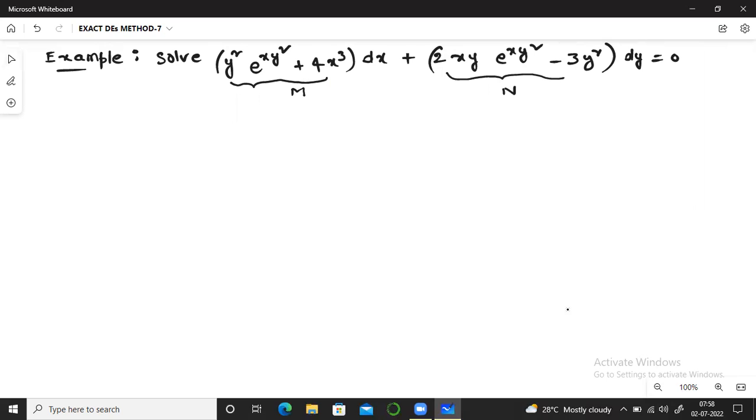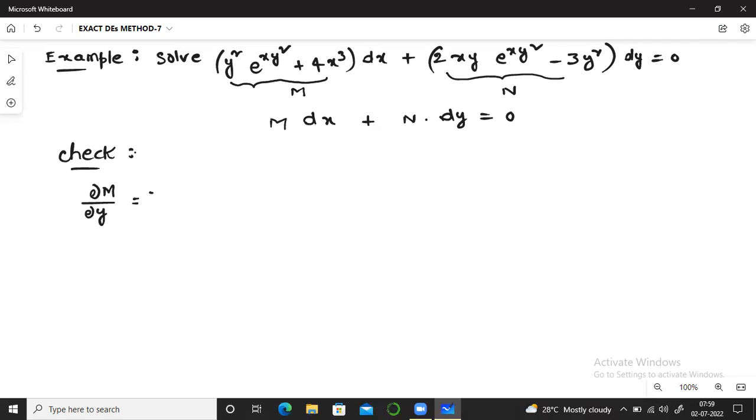Now the equation looks like M dx plus N dy is equal to 0. It looks like the exact differential equation form, but I am not saying that it is exact. Now I have to check whether it is exact or not. To check that, first I have to calculate dou M by dou y.